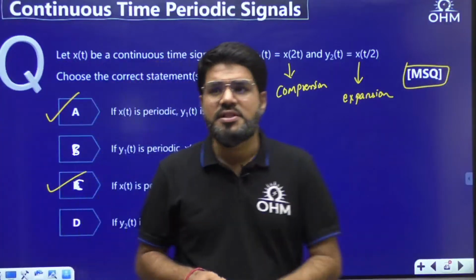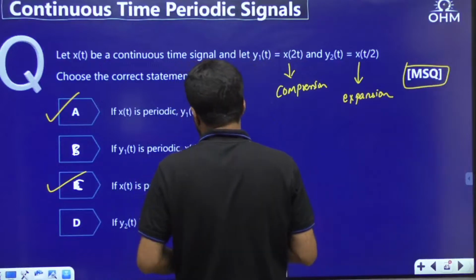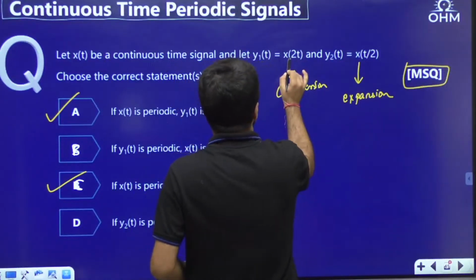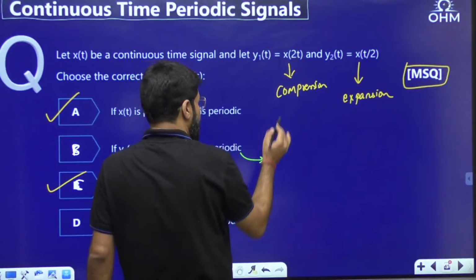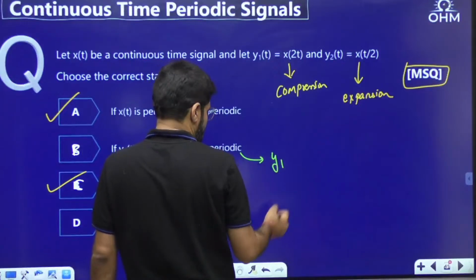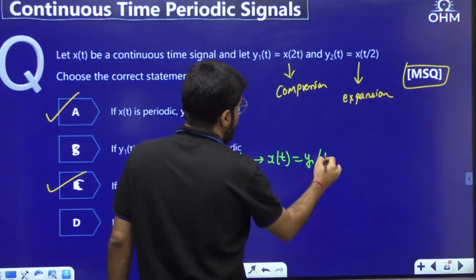Now let's think reverse. If y1t is periodic, what about xt? So can you write down xt in terms of y1t? If you want to write xt, introduce t by 2 here. So you will have x of t equal to y1 of t by 2.